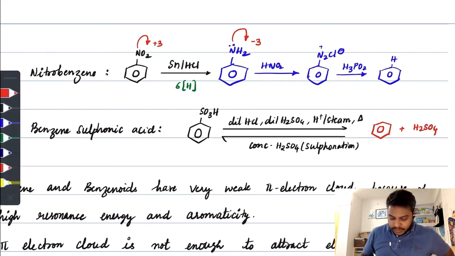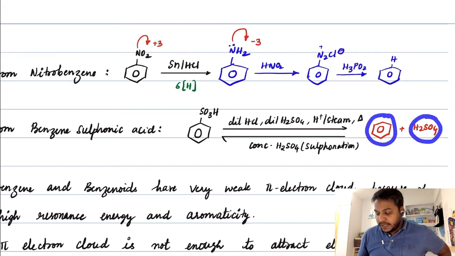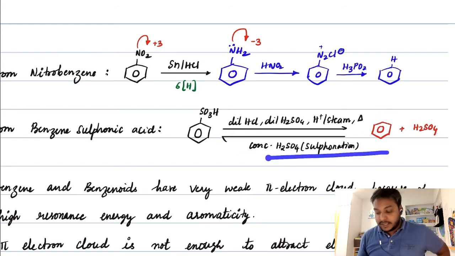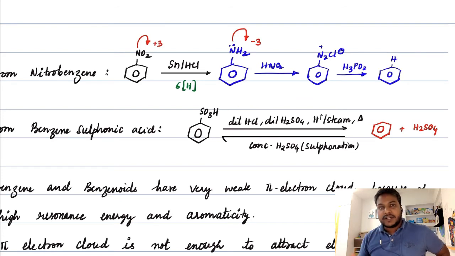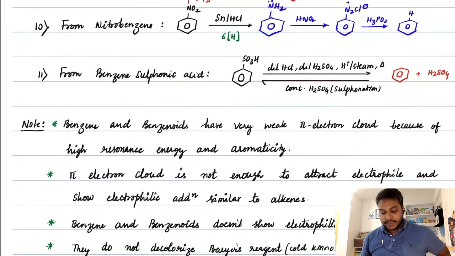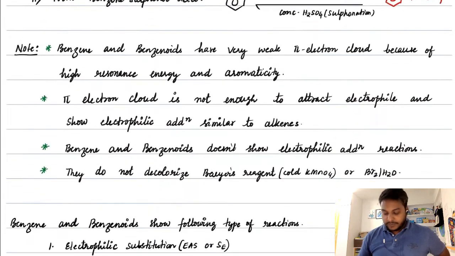Now this is quite a reverse reaction as well, students, because if benzene is being treated with concentrated H2SO4, then the reaction will go backwards, and that is called sulfonation. That is one of the reactions we will study about benzene. But if you have benzene sulfonic acid already, we can convert that into benzene by treating it with dilute acids or hydrolysis by heating. Clear? So well, students, these are the preparation reactions so far.